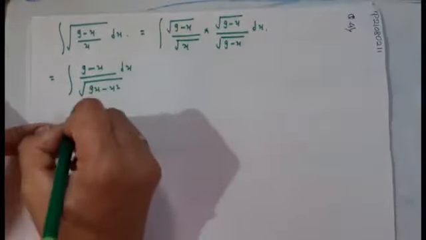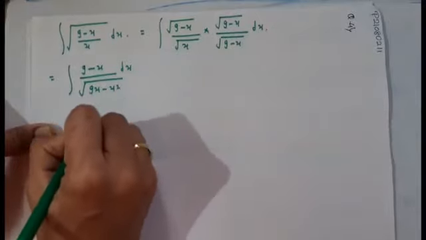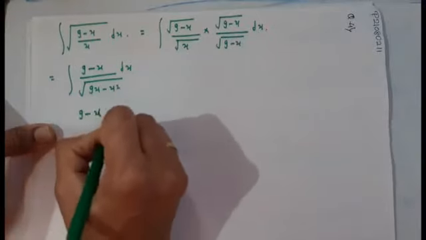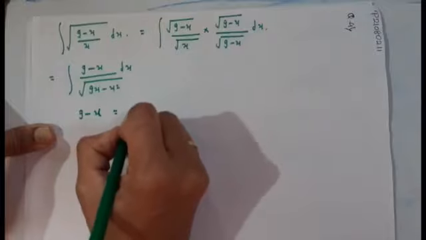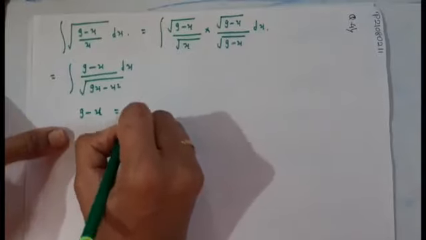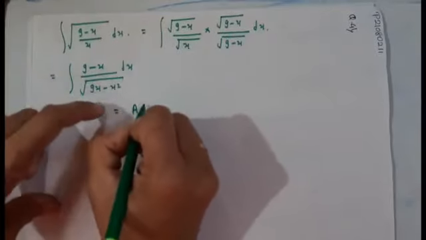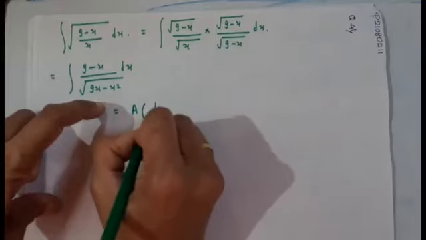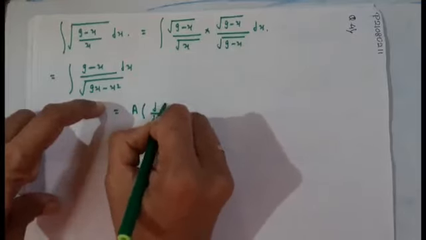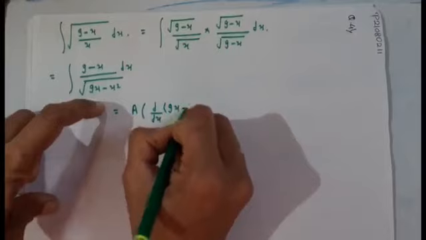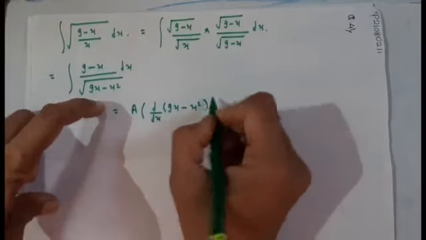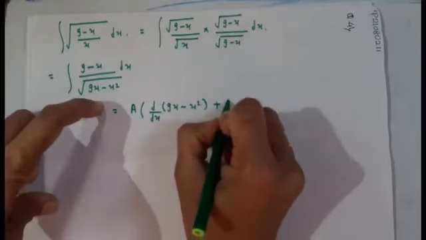Okay students, now for 9 minus x, the numerator, we have to convert it in the form a into the derivative of the denominator, derivative of 9x minus x square, plus b.